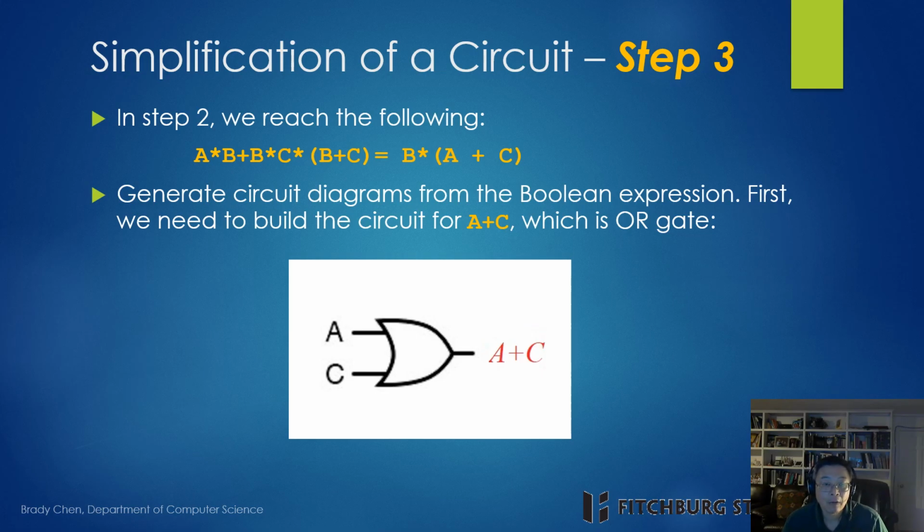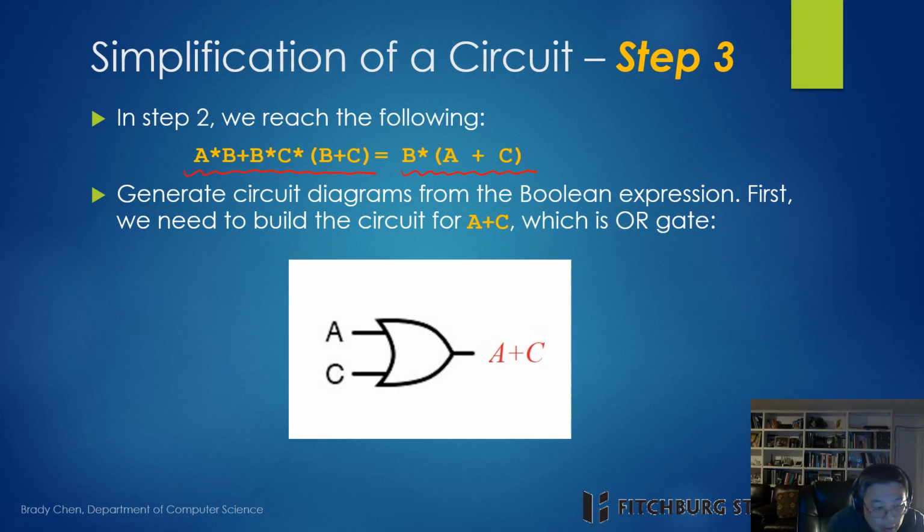Now, in step 2, we actually proved that the Boolean expression of the original circuit is equivalent to the Boolean expression of the simplified form, because we followed these Boolean identities, and we finally got that result.